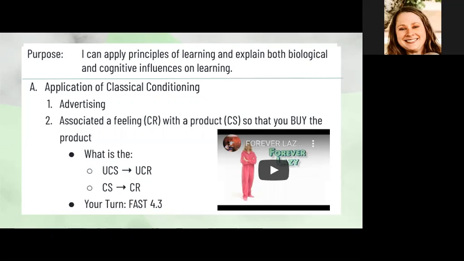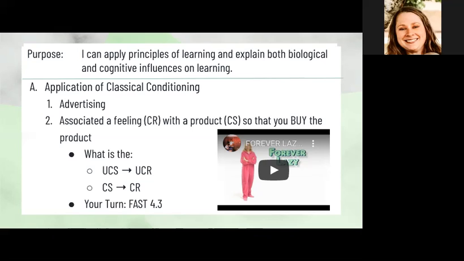So what do we want to associate with warmth? What's the product? The Forever Lazy. So the conditioned stimulus is the product in the advertisement. You'll do this later; I want to continue with the lecture and then give you bulk work time.